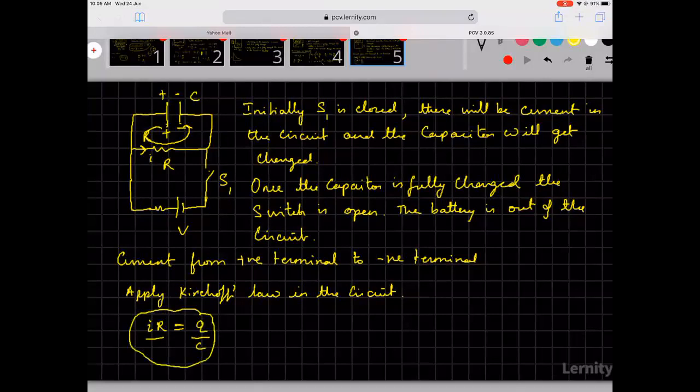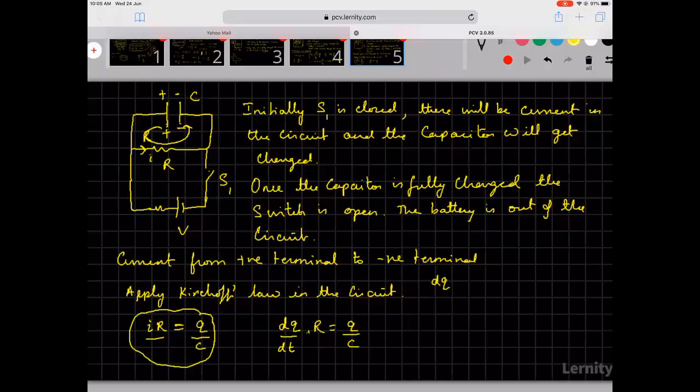Now, I can be written as dq by dt. So dq by dt into R is equal to Q by C. However, there is a small problem here. Is dq positive or negative? Do you see that the charge on the plates will be reducing? So dq will be negative.